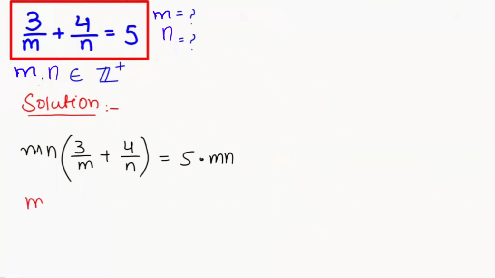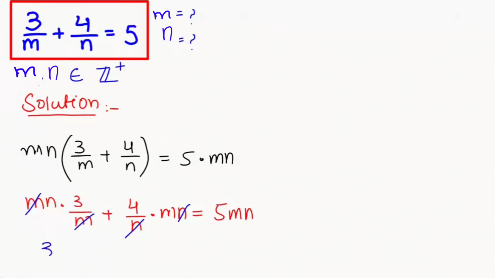So mn times 3 over m plus 4 over n times mn equals 5mn. Here this m and this m get cancelled. Here this n and this n get cancelled. So the next expression we get is 3n plus 4m equals 5mn.